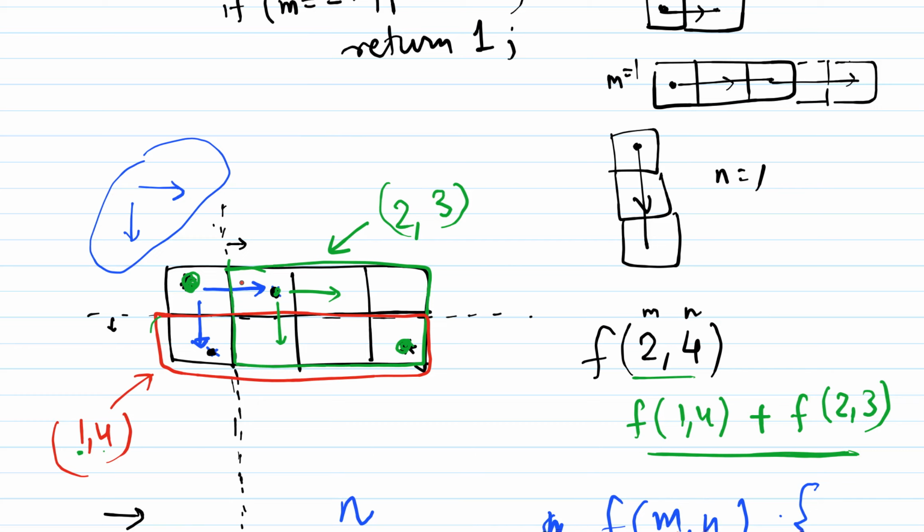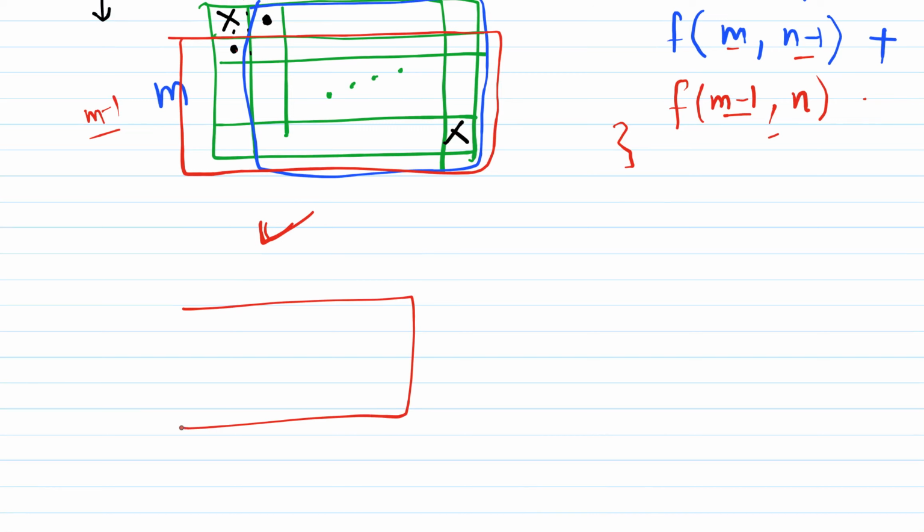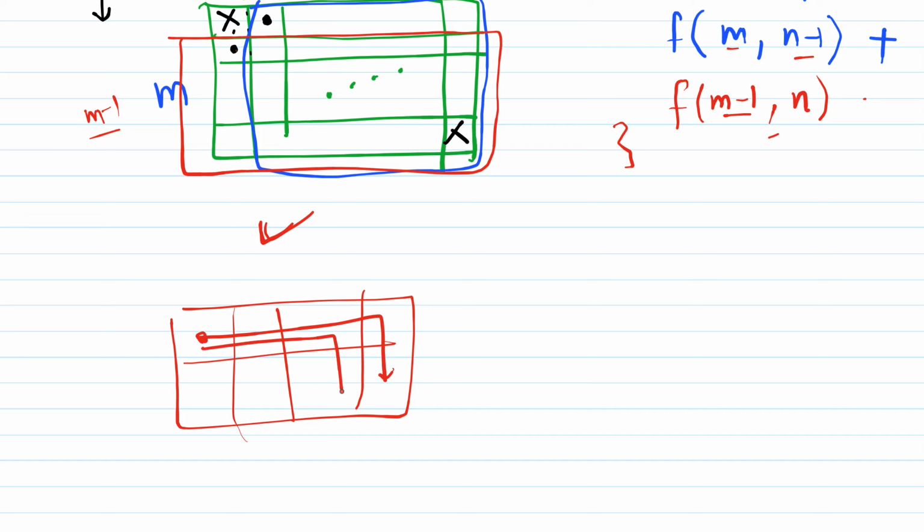For example, in 2 cross 4 you can write all the paths. Let's say we have 2 cross 4, so one path is go like this here, then come like this, come here, and then down. That's 2 paths, then the third path, and then the fourth path. So this should have 4.